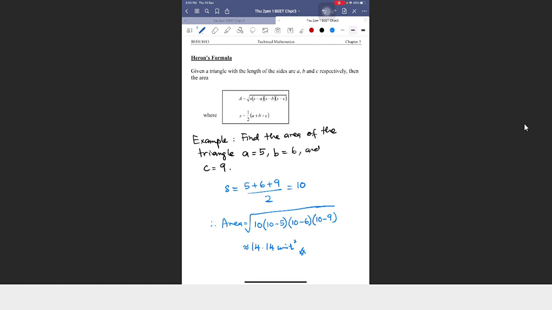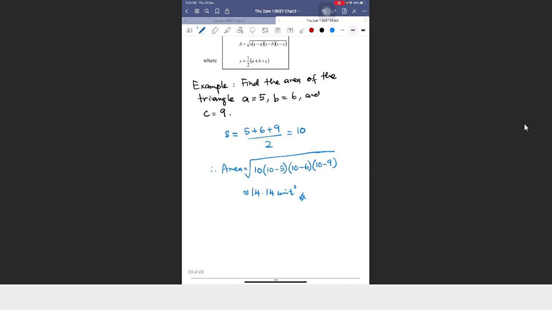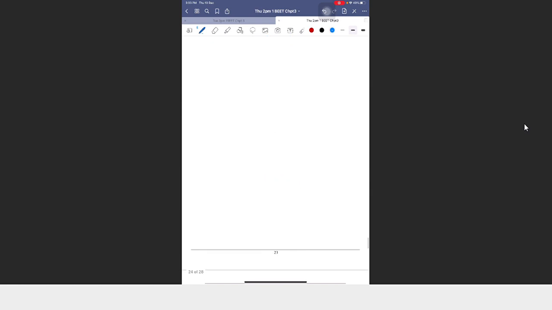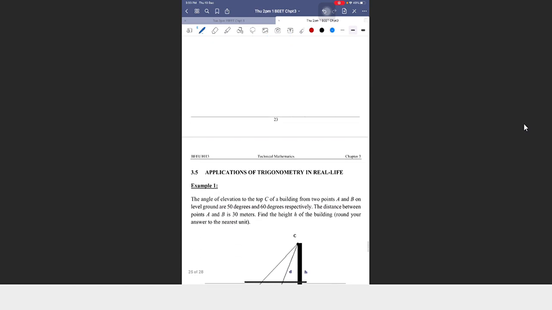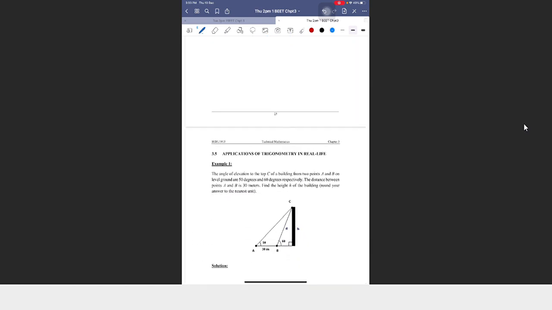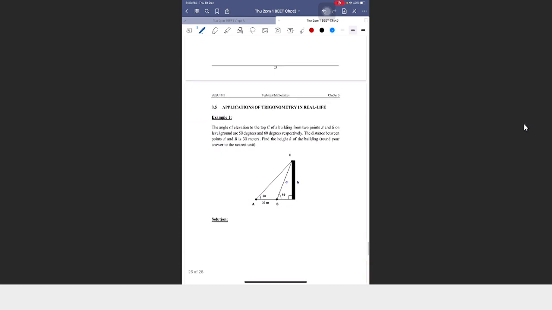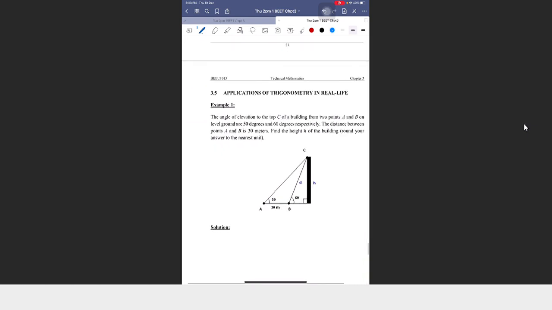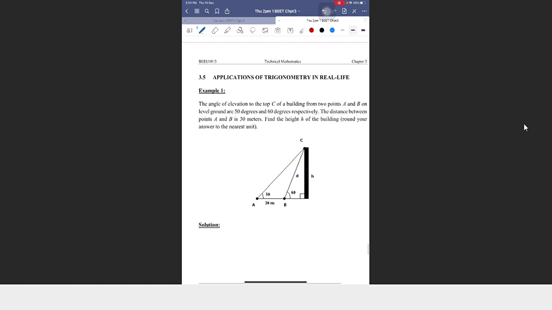All right. If there's no question, then we come to the last section, which is the application of trigonometry. So the last section for this topic is on the application questions. In the book you will also see the exercises for this section.